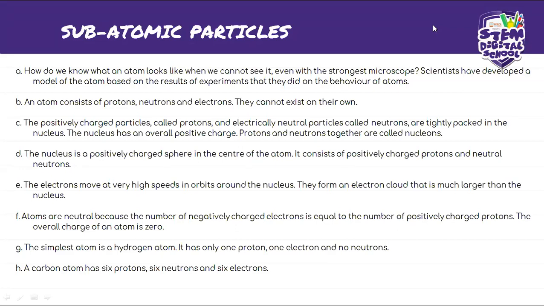The protons are positively charged, and the neutrons have no charge. So positive plus zero will give me positive. So that's why the overall charge in the nucleus is positive. I hope you get that.